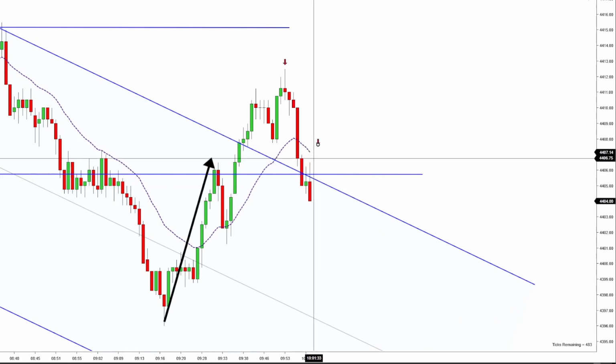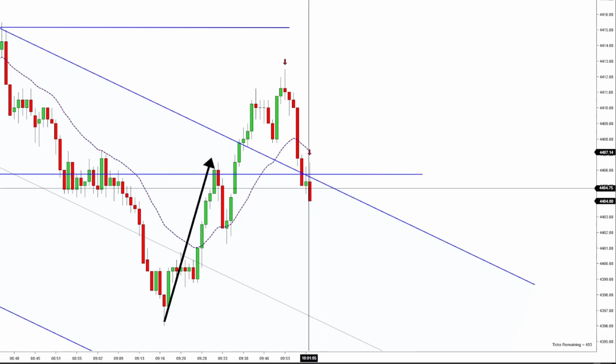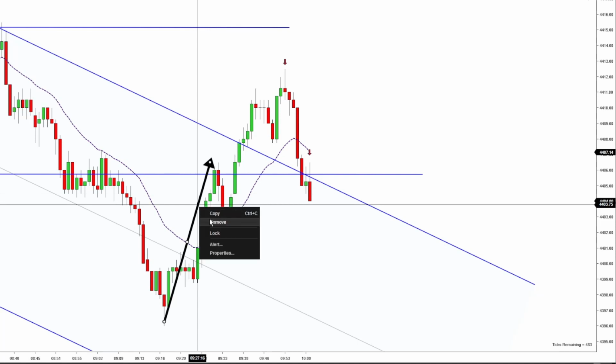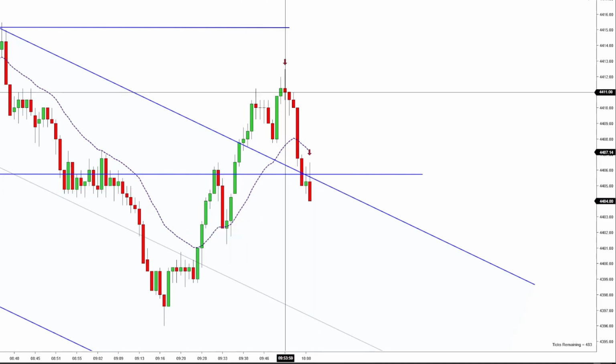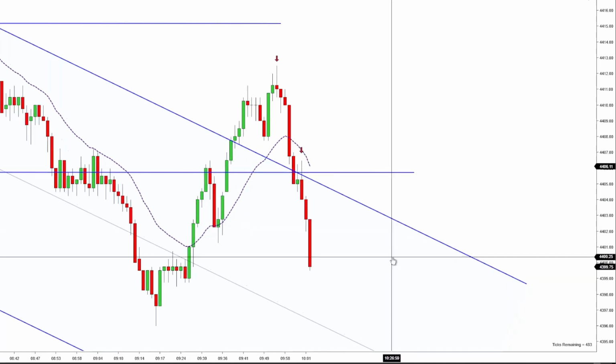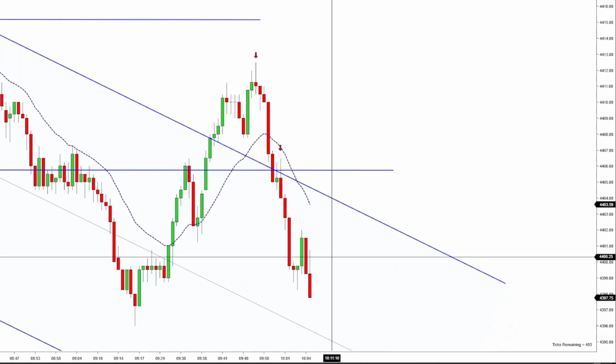It is a little bit away from the EMA, but I would argue for this trade simply because if you were trading in real time, you could kind of tell that the sellers were coming to play, and that's why we ended up working lower.